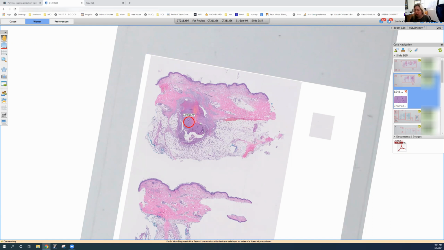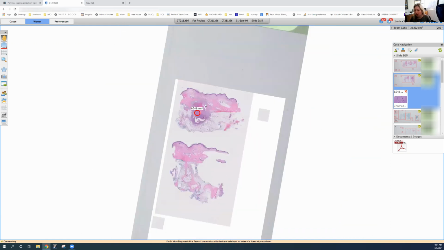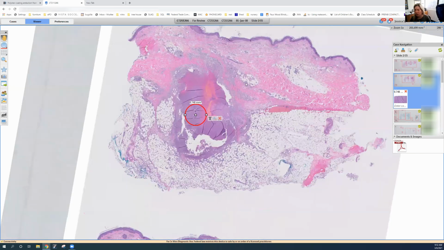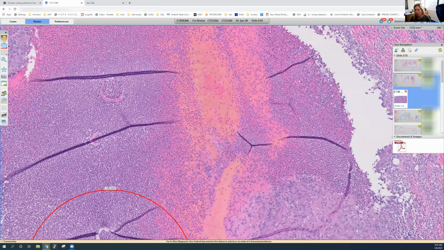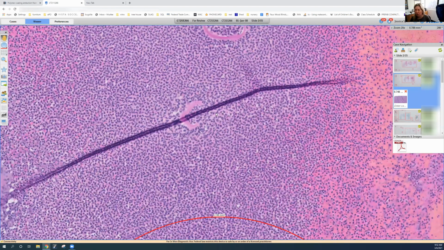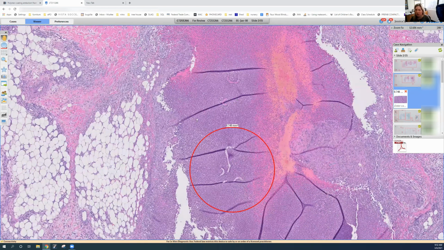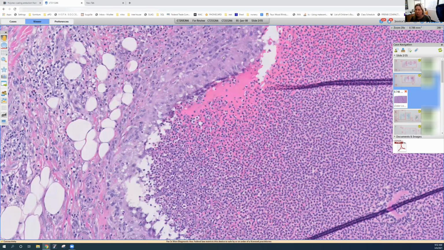So this, as you can see, is a big skin excision to include quite a bit of subcutis. And here at the junction of the dermis and the subcutis, we have all of this hemorrhage and basically wall-to-wall neutrophils. So this is an abscess. You can see here at the edge of the abscess, we've got lots of histiocytes trying to wall it off.